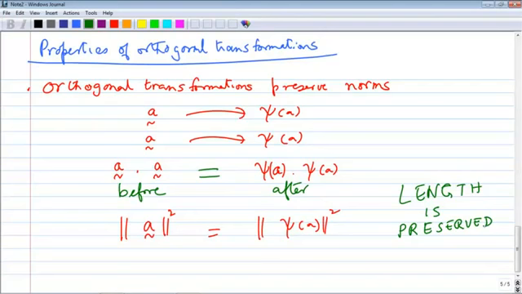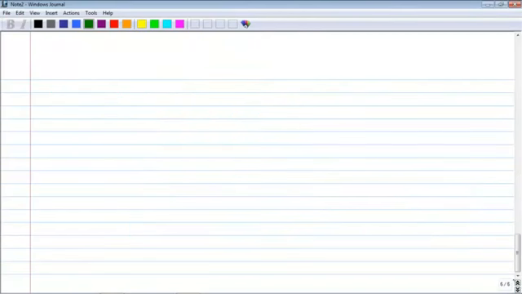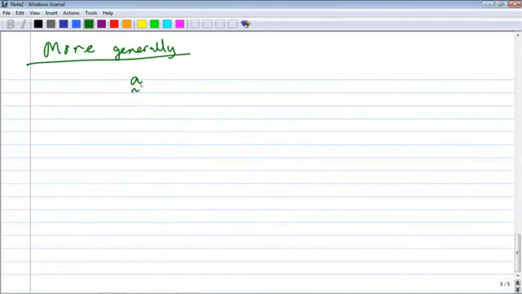So this might lead you to think that orthogonal transformations are consistent with the concept of rigid body transformations. But let's prove this more generally. So what we have to do now is to show this. So more generally, we're going to have some point A, and this point is going to get transformed to psi of A. We're going to have a point B, and that's going to get transformed to psi of B. And what do we need to show?